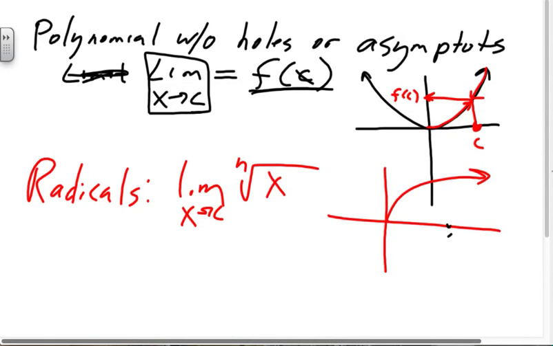So if this is c, then this will be the nth root of c, which is f of c. And again, you notice here that as it comes this way, as it comes this way, they both approach that value. So that basically becomes the nth root of whatever that number is.